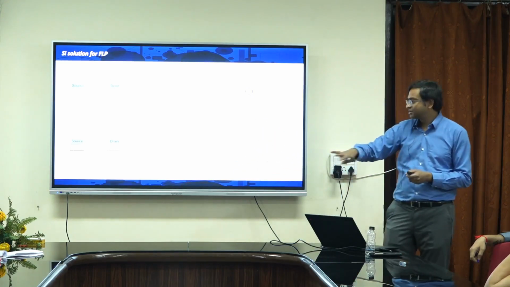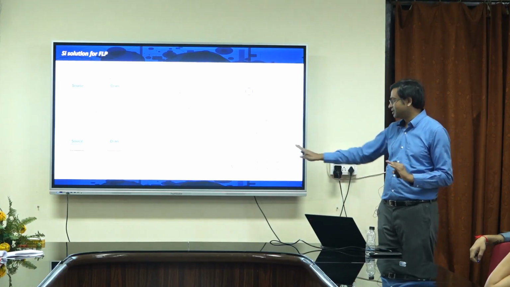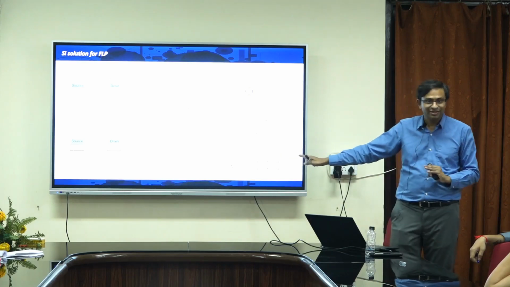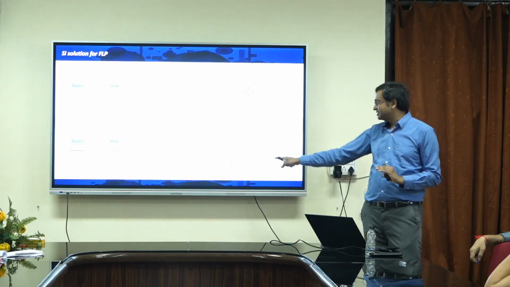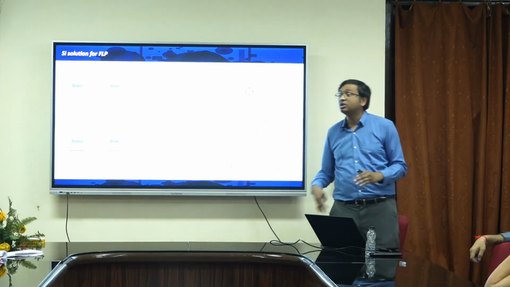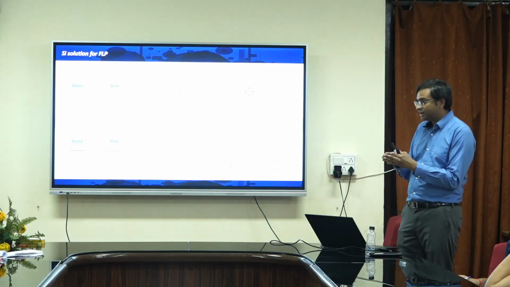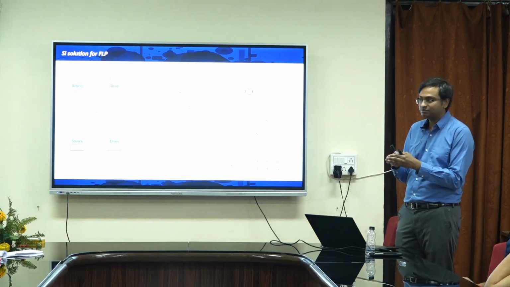This is an old formula, you have probably seen it in p-n junction diodes and metal-semiconductor contacts. I am not going to derive it, because that will be a lecture in itself, but you see that it depends inversely on the carrier concentration. So if you have too many carriers, then the Schottky barrier width becomes very small.